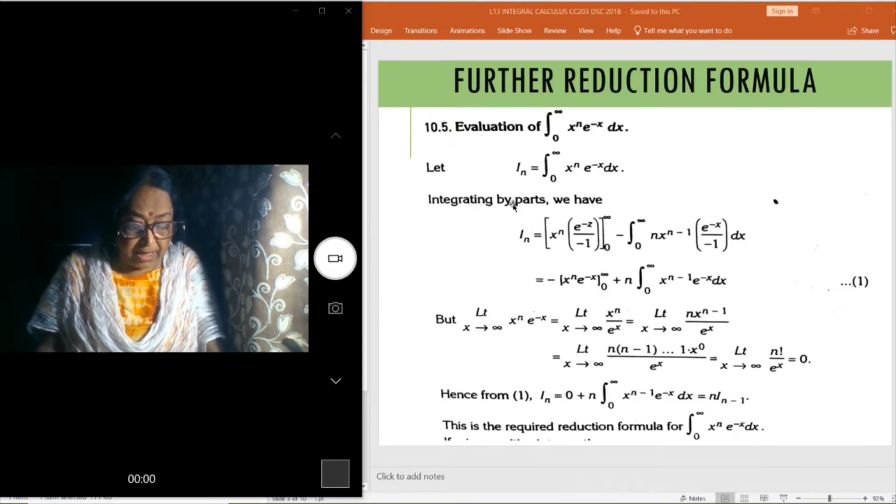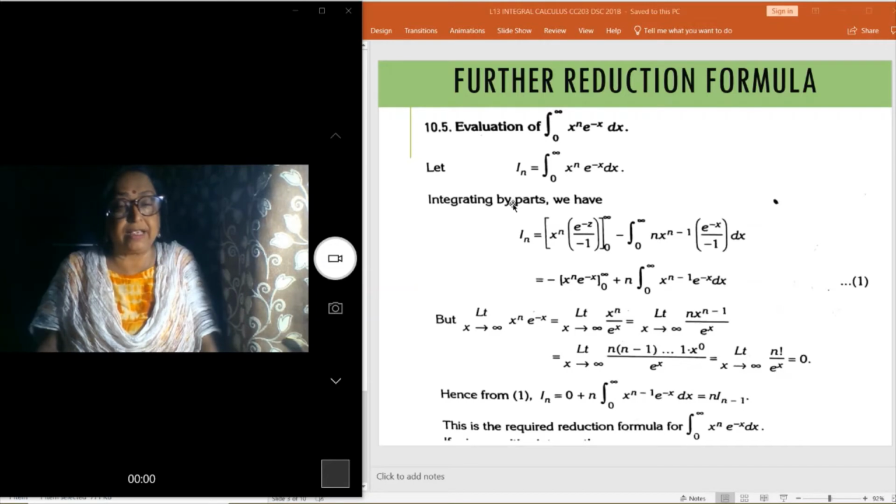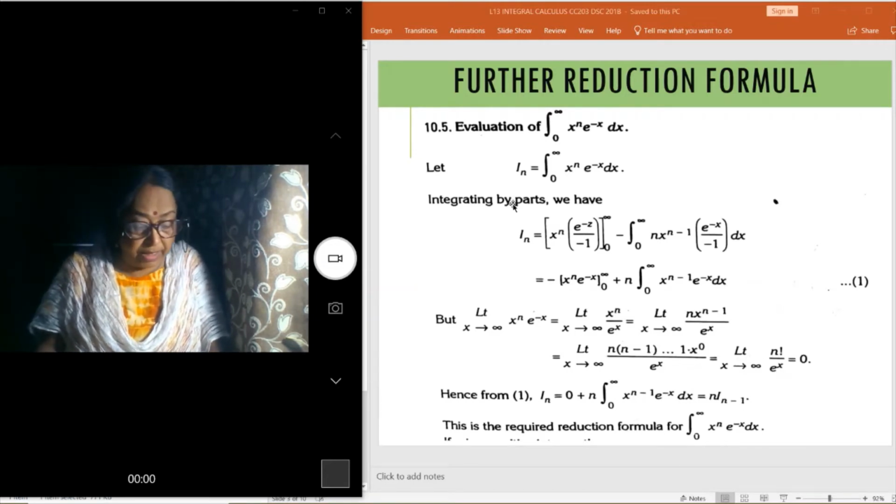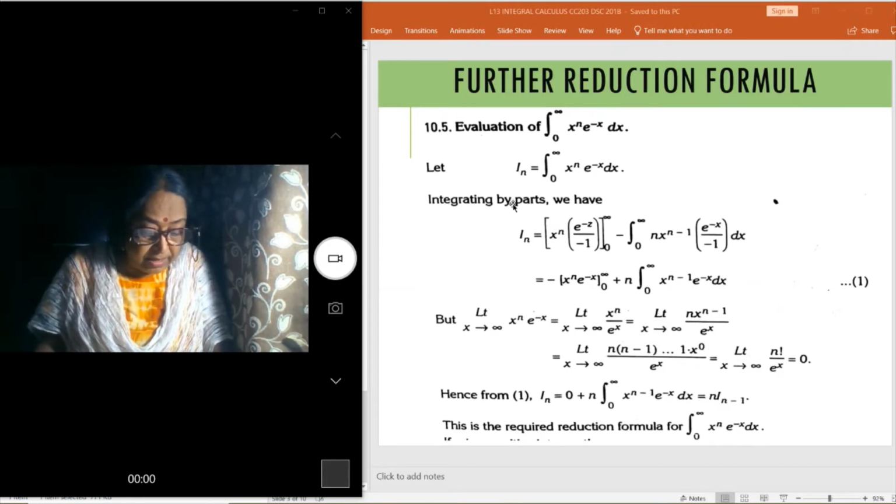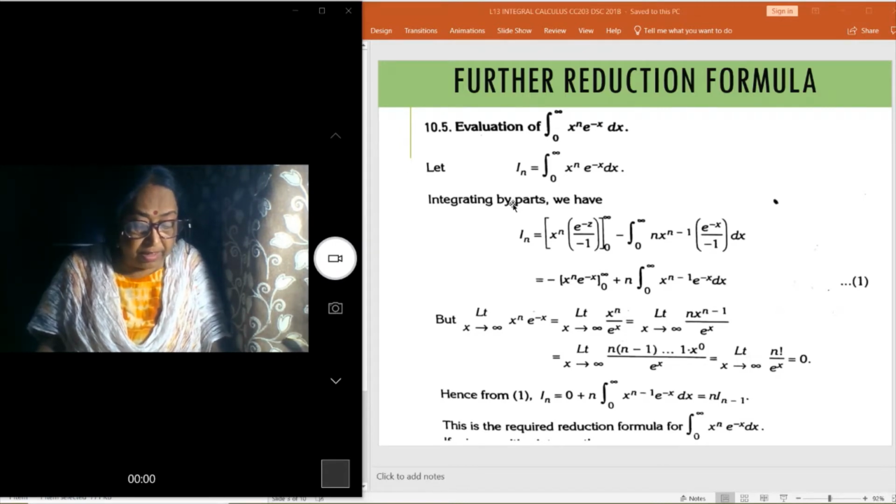So In can be written as, within the limit 0, plus n into the integral from 0 to infinity of e to the power minus x, x to the power n minus 1, and this is equal to n into I(n minus 1), because In is equal to the integral of e to the power minus x, x to the power n.